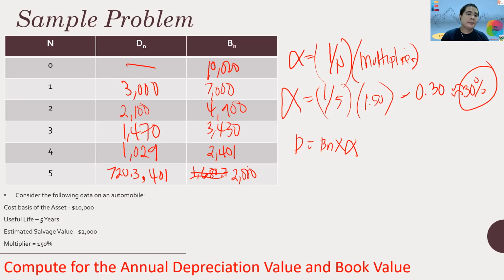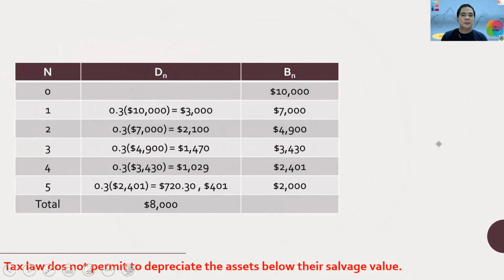Why do we need to adjust that one? Because under the tax code, you are not allowed to depreciate the value of a certain asset beyond its salvage value. Okay? I'll proceed. So this is the summary of the discussion on the declining balance method.